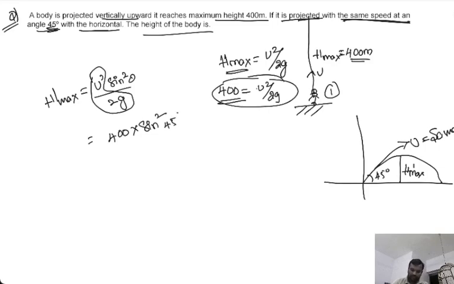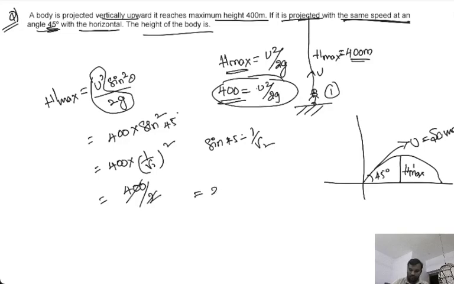Sine 45 is 1 by root 2. Then 400 into 1 by root 2 whole square, so 400 divided by 2. Then the answer is 200 meters, the maximum height in the oblique projectile motion.